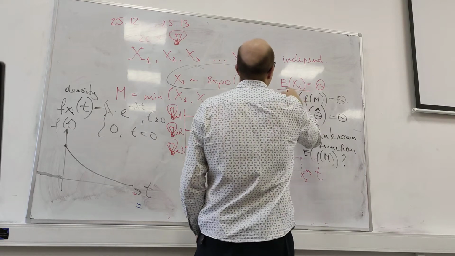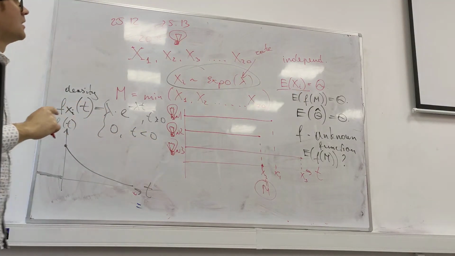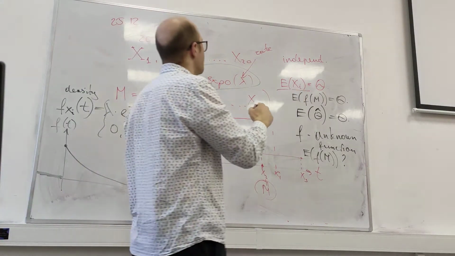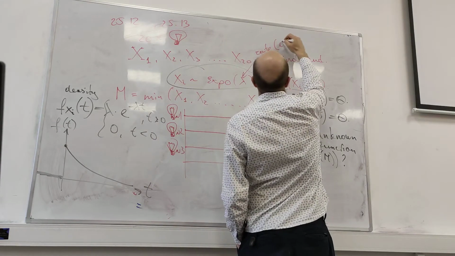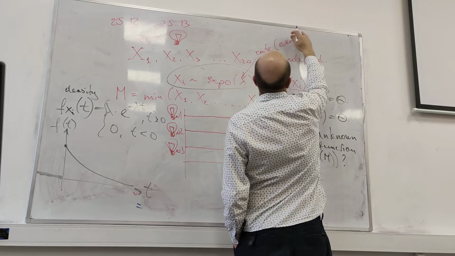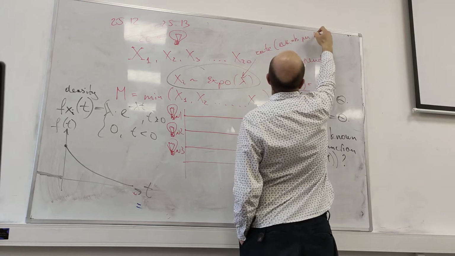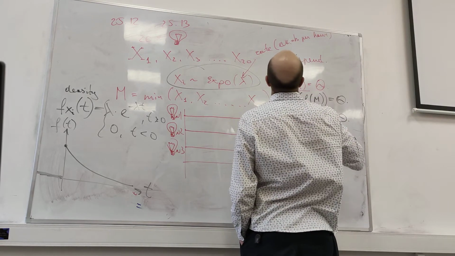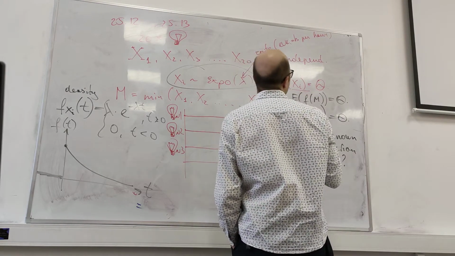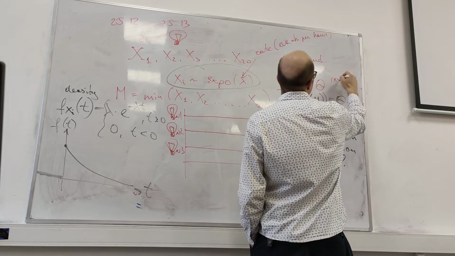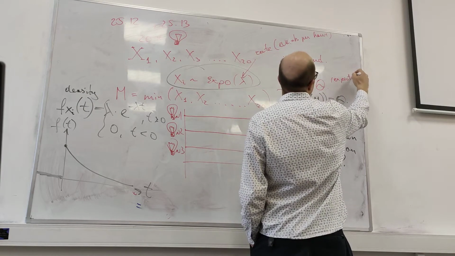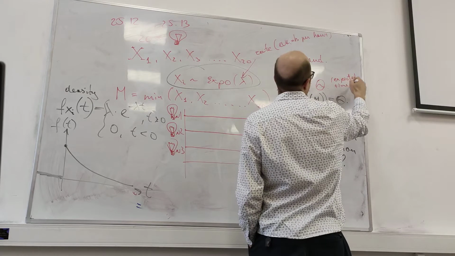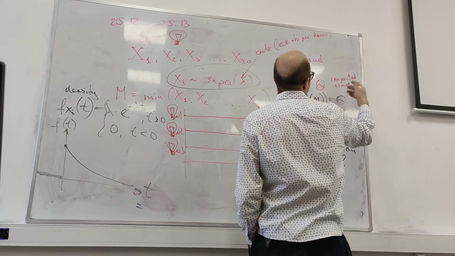What is the expected value of x? 1 divided by lambda. Rate of events per, let's say, per hour. Expected number of events per hour, and this is the expected time before the first event.